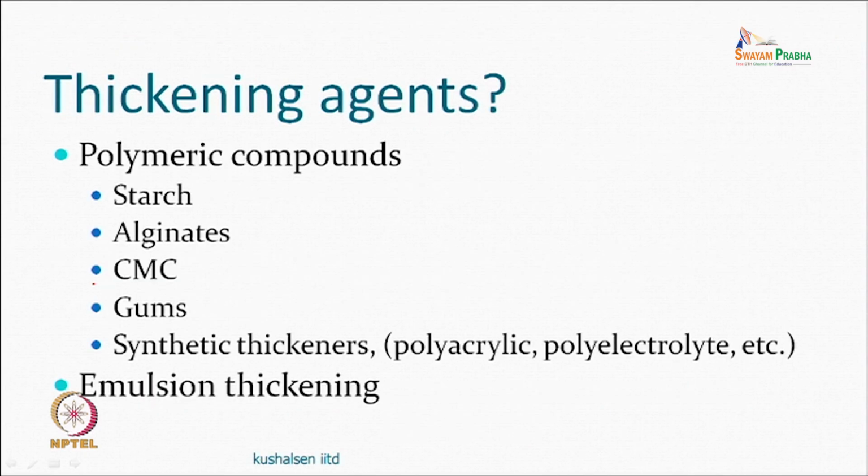So various thickening agents, as we said, are polymeric compounds. Starch was one of the early agents which was tried for printing paste. Different molecular weights of starch were used. Some were pre-hydrolyzed, and you had to use a lot of solids, almost as much as 50%.